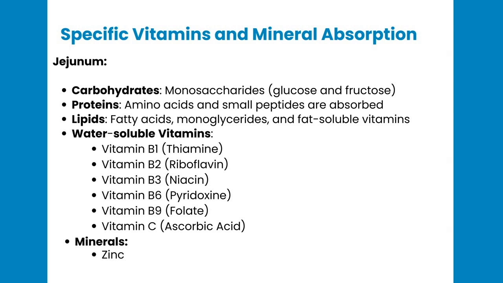The carbohydrates that have been broken down into glucose and fructose, the proteins that have been broken down into amino acids and smaller peptides, the lipids, the fat that's been broken down into smaller particles like fatty acids and monoglycerides, and then the fat-soluble vitamins, and then the water-soluble vitamins. These are mainly the Bs, 1, 2, 3, 6, 9, vitamin C, and the mineral zinc.